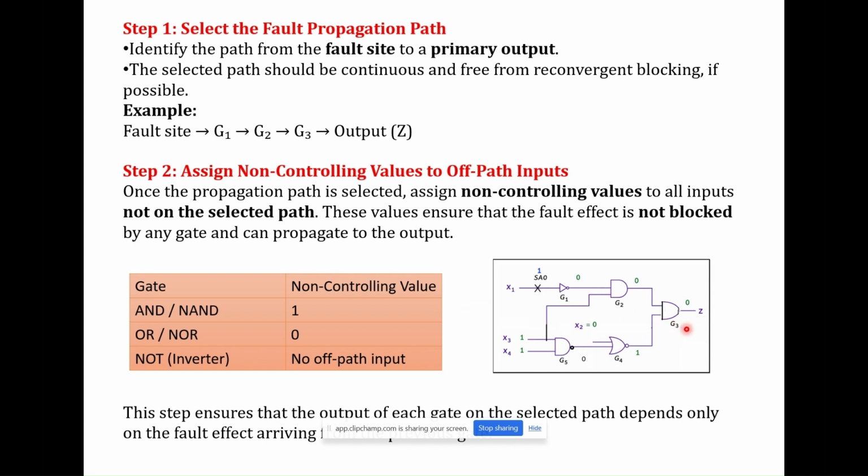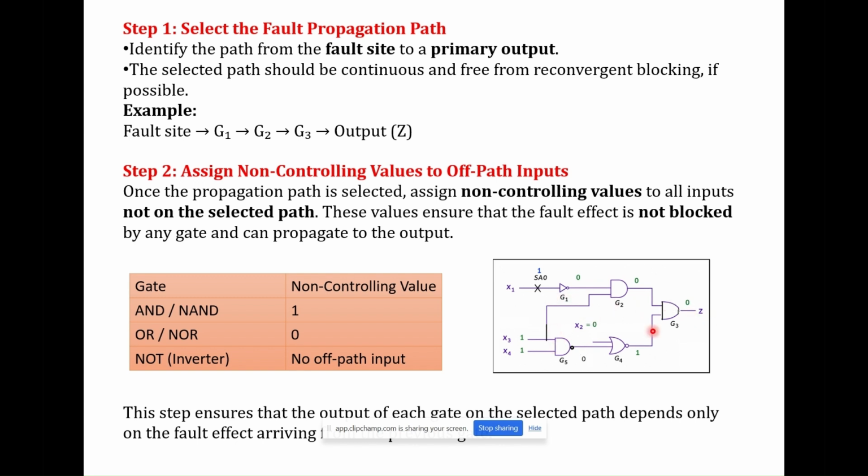Now, assuming the non-controlling values for the other gates. For example, for the NAND gate, we have to fix it as 1. For the NOR gate, we have to fix it as 0 here. Got it? If this is 1, it is not going to affect the data traveling through the fault propagation path.